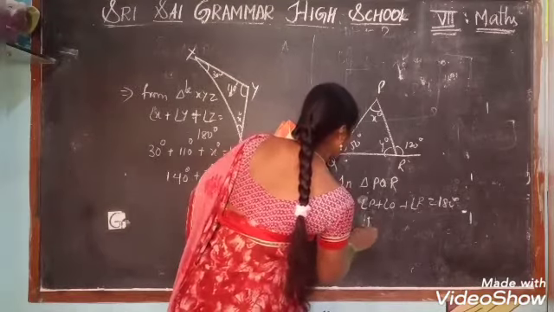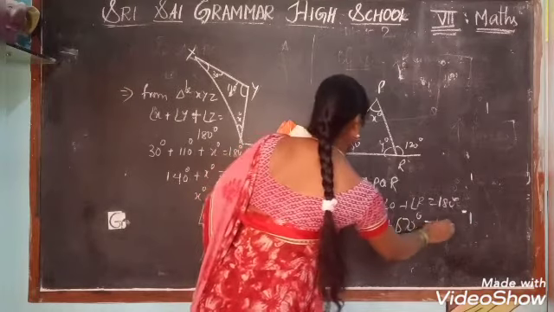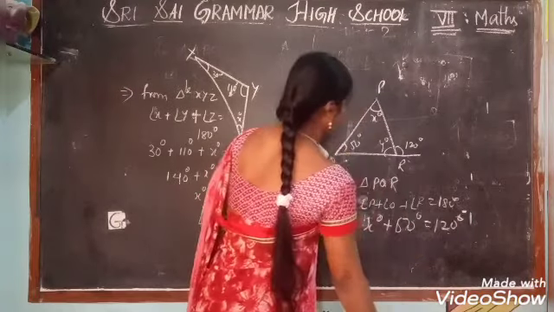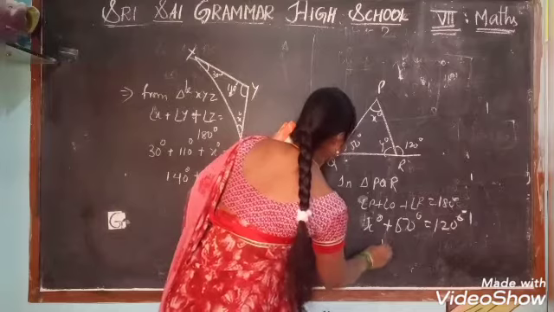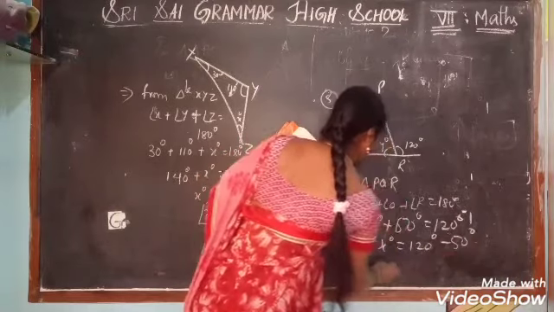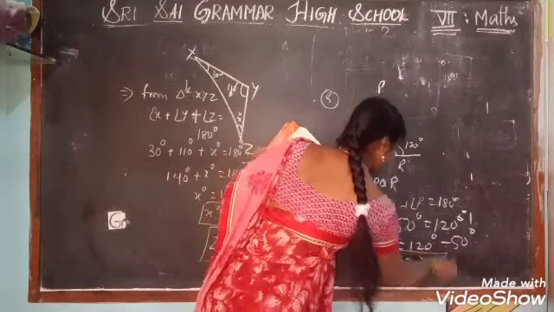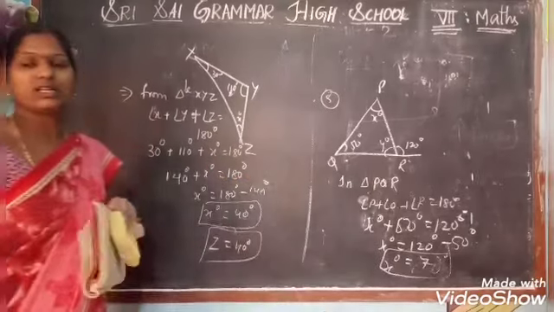Now, x degrees plus 50 degrees equals 120 degrees. X degrees equals 120 degrees minus 50 degrees. X degrees equals 70 degrees.